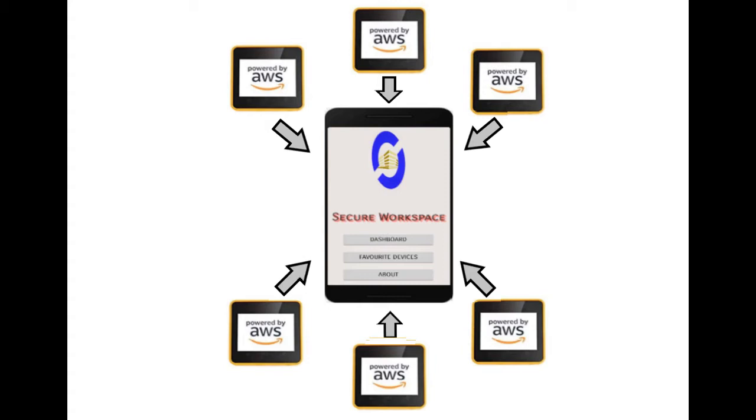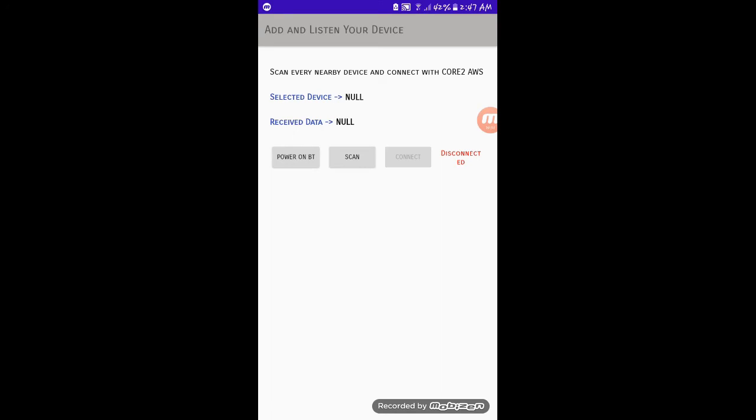Here we are on our admin application, and we can see that we have selected no devices and received no data. As our Secure Workspace is built with BLE connectivity, we need to have Bluetooth activated to listen for data changes.